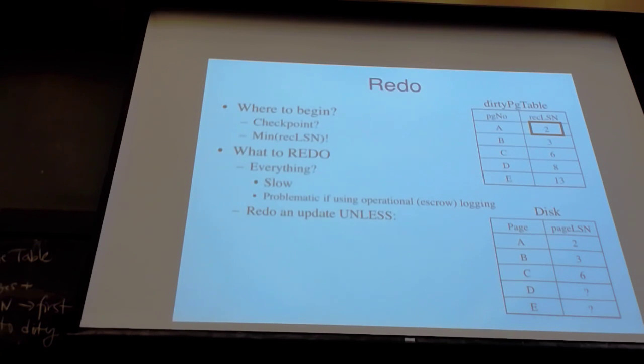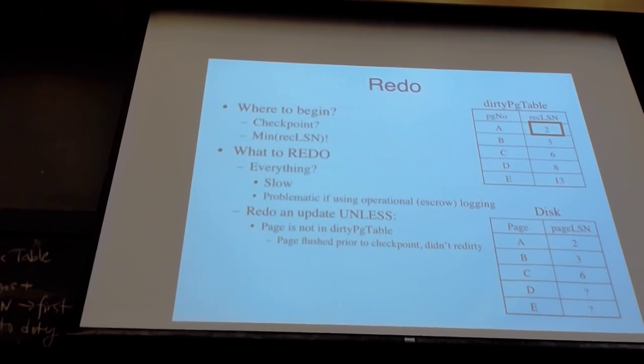But we'd like to avoid having to read the page from disk, because it's a little bit slow. So I'd like to avoid even reading the page from disk sometimes, and there are going to be some conditions where I can do this. The first one is that if the page is not in the dirty page table at all, then I know that this page can't possibly be dirty.